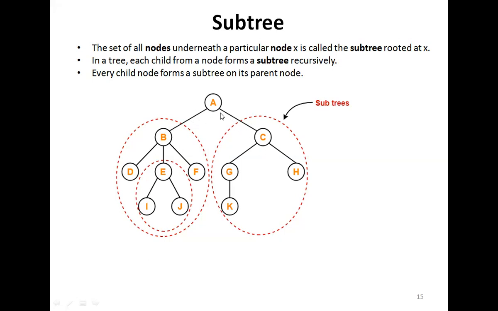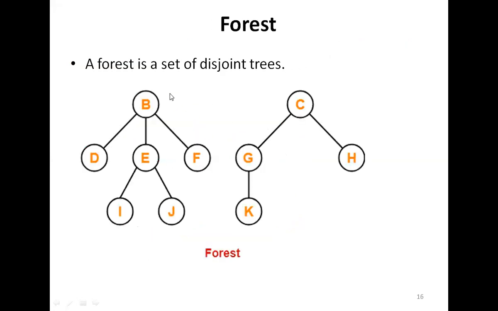This is one tree, this is another tree. So this is a forest. In a forest we have multiple trees. Both are disjoint. They are not joint. Is that clear? Yes sir.